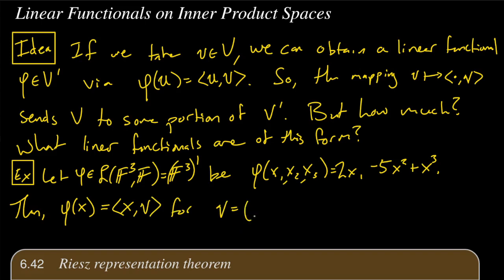Well, just think about it. It's (2, -5, 1), if this is the dot product.